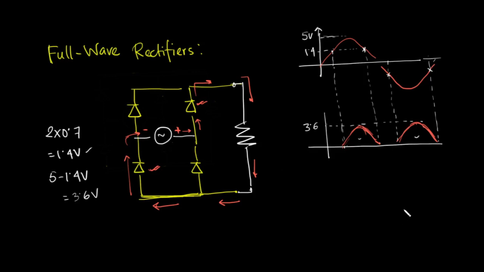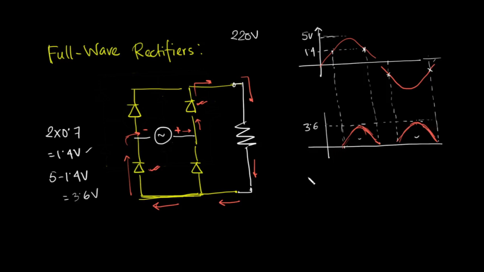Suppose we are rectifying the 220 volt AC voltage that we have in our power lines. Compared to 220 volt, your 1.4 volt or 0.7 volt is not too much. But it is one thing to notice that the diode drop in case of a full wave rectifier is more than the diode drop of a half wave rectifier.